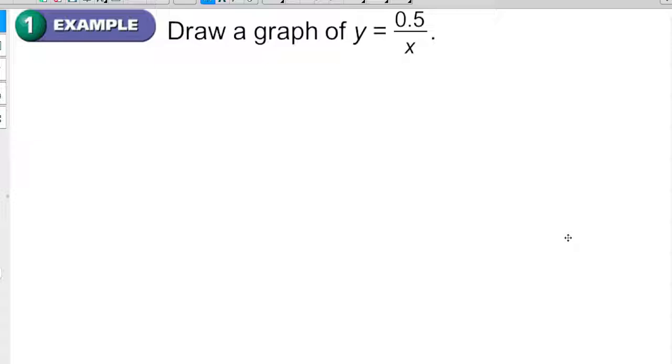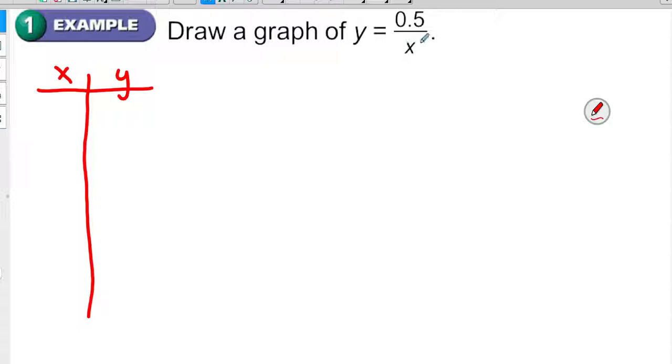Draw a graph of y equals 0.5 divided by x. So the very first thing that I'm going to do is create a t-chart. Now I know that this can't be 0, so that means I need to have values less than 0 and I need to have values greater than 0. So I'm going to go with -3, -2, -1, and -1/2.